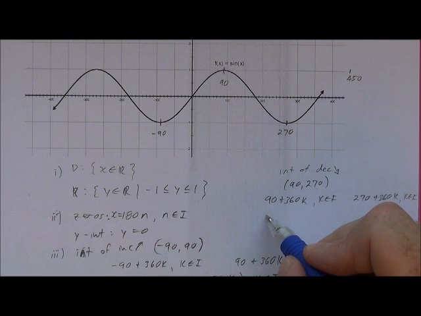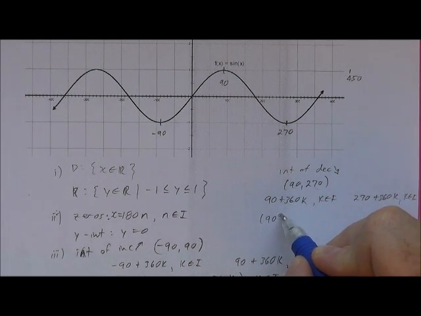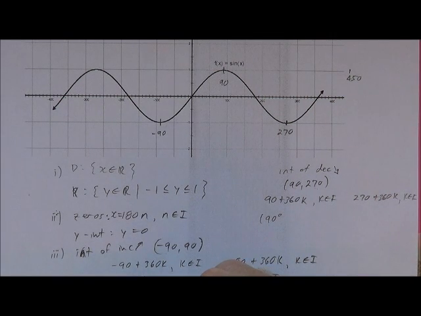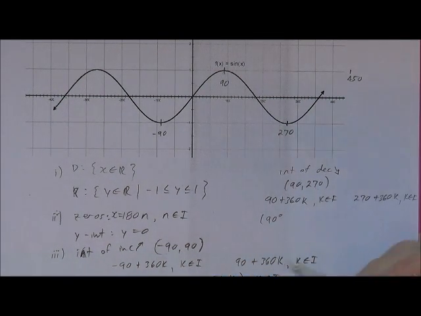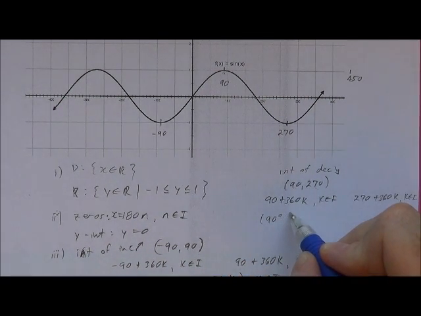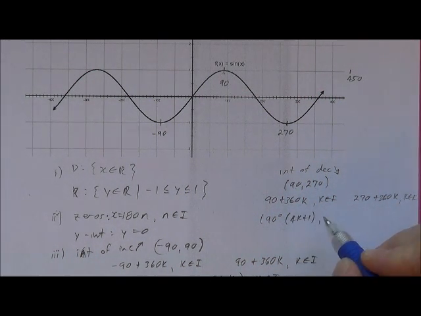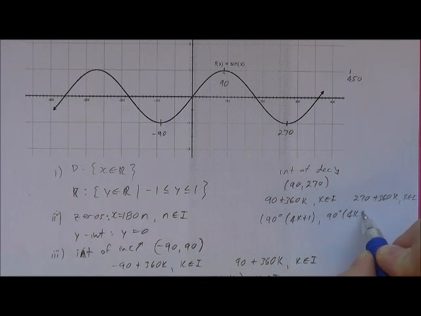And then factor out the 90 again. So basically we end up getting 90 degrees times 4k plus 1, and 90 degrees times 4k plus 3, where k is an element of all integers.